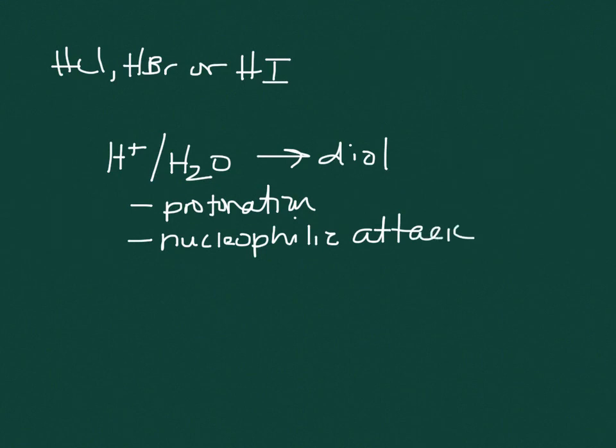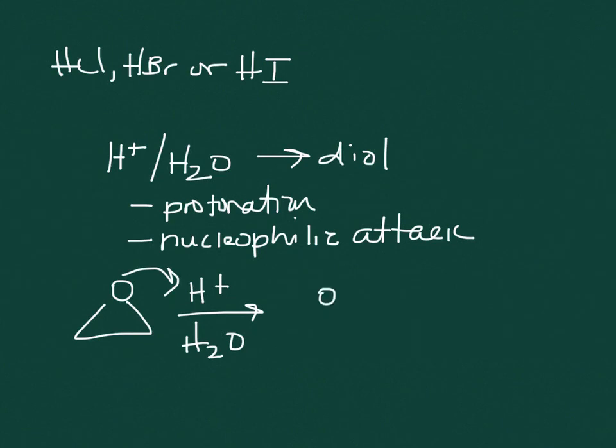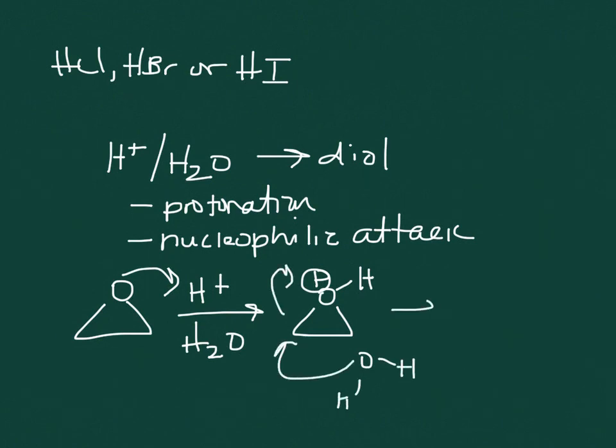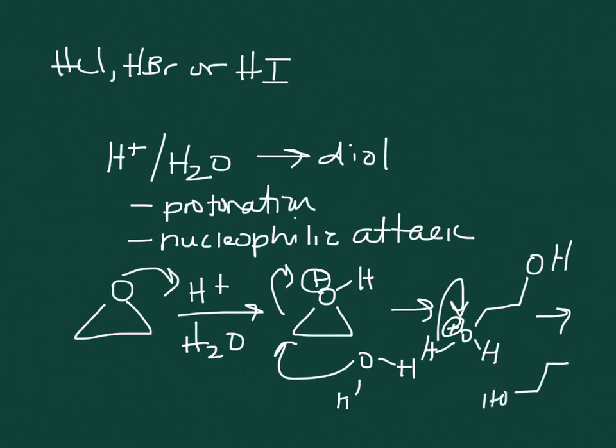So if we took our simple example of ethylene oxide, and now we had H plus in water, we would protonate. Now water can attack as a nucleophile, open the ring, we have an oxonium that we have to deprotonate, and we get our diol.